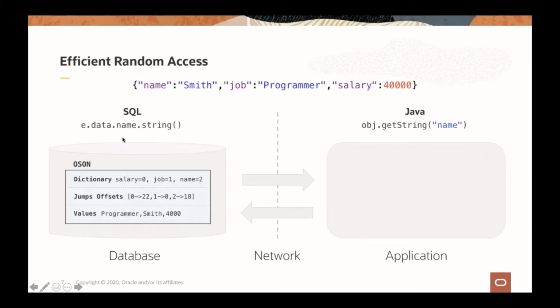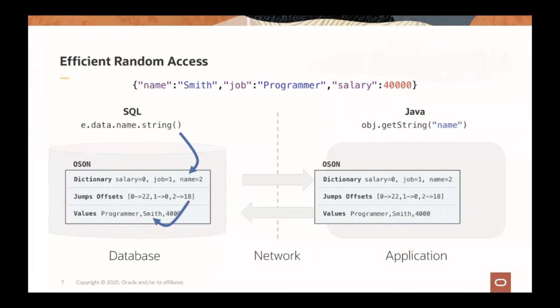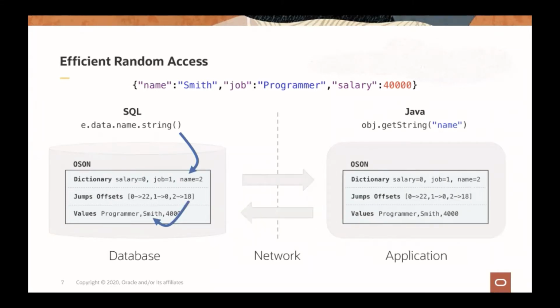So if the database has to evaluate this expression, what it can do is use the index jump offsets to jump directly to the value it's looking for without looking at the job or salary attributes of this programmer. But the thing that for today I want everybody to be aware of is that when a Java application selects this JSON document, the document is sent across the wire as is, as it's stored, to the application.